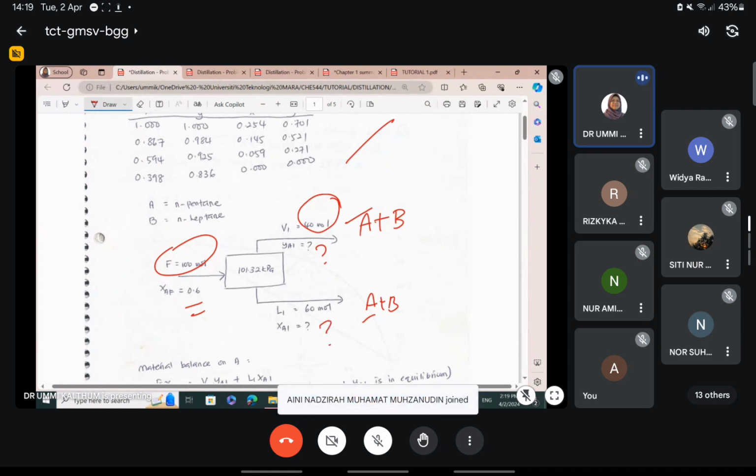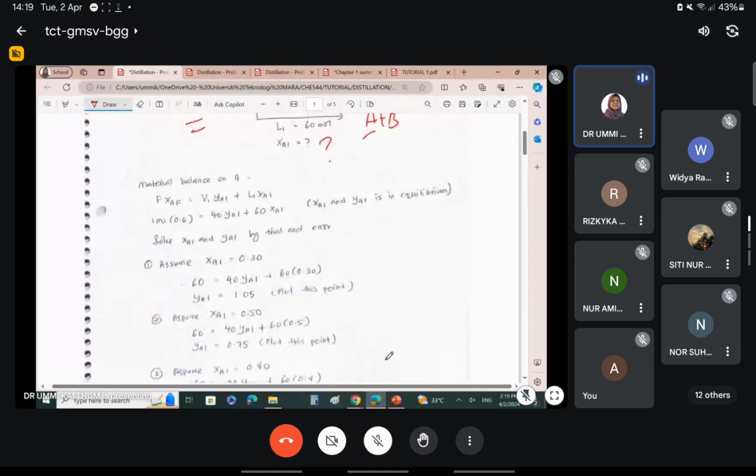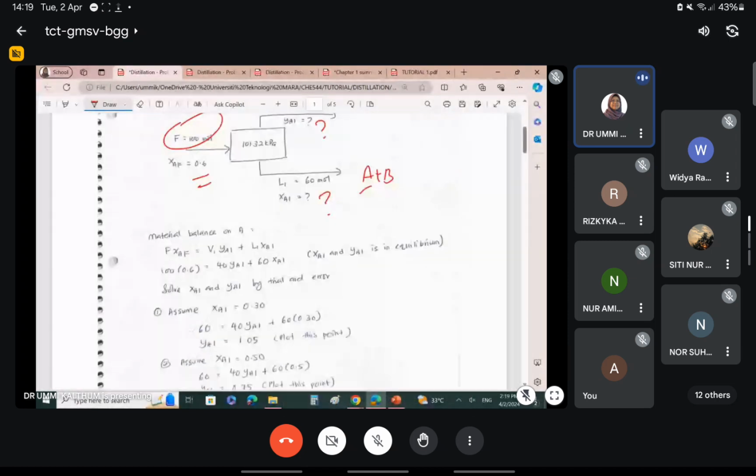It asks us to find YA and XA. How do we find them? First you have to make a material balance on A.